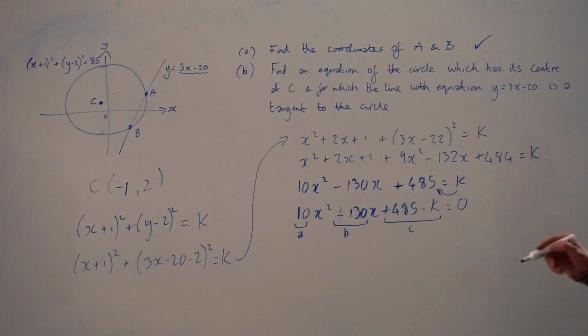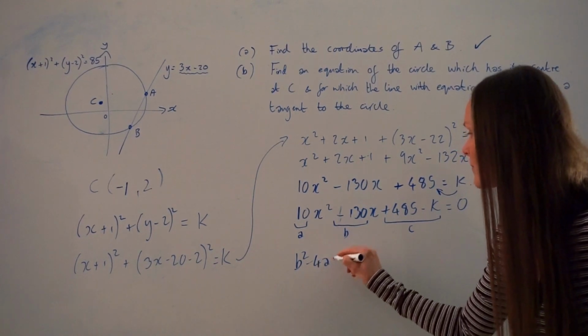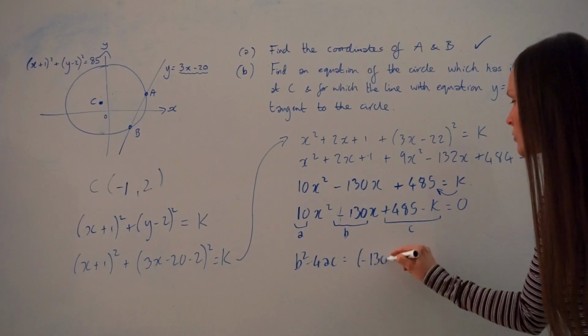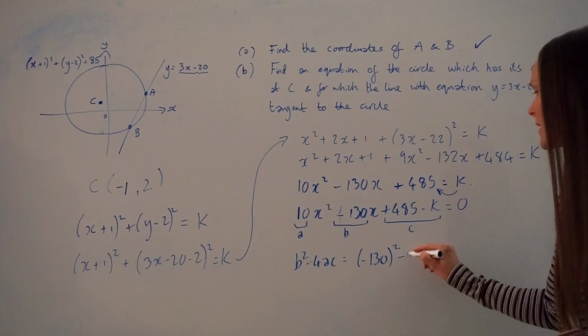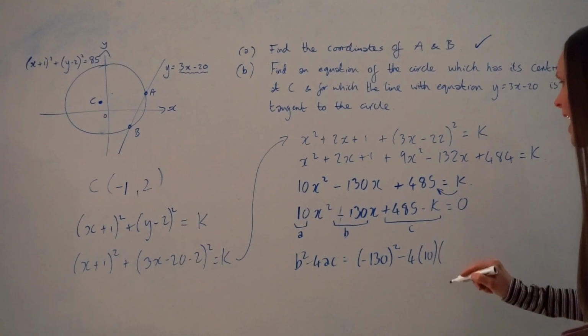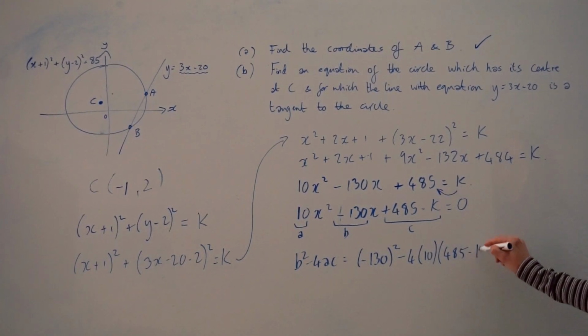So let's substitute those values into b squared minus 4ac. So that b squared is now negative 130 squared minus 4 lots of a, which is 10, and multiply that with c, so 485, take away k.